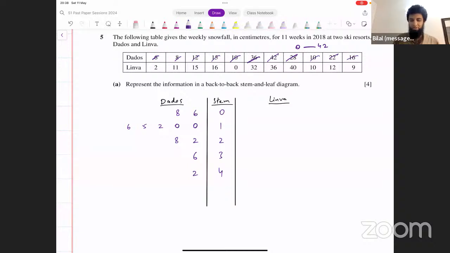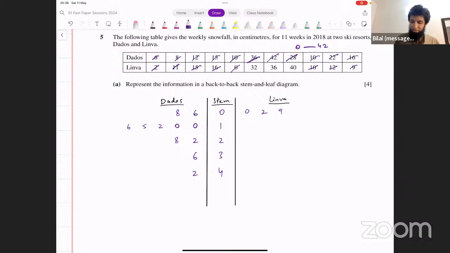Now for the second one, what's the smallest value? 0. So we've got 0 here. And then we have 2. Again, the gaps have to remain constant. And then we have 10. So we had 9 there as well. I missed that. Then we have 10, 11, 12, 15, 16.